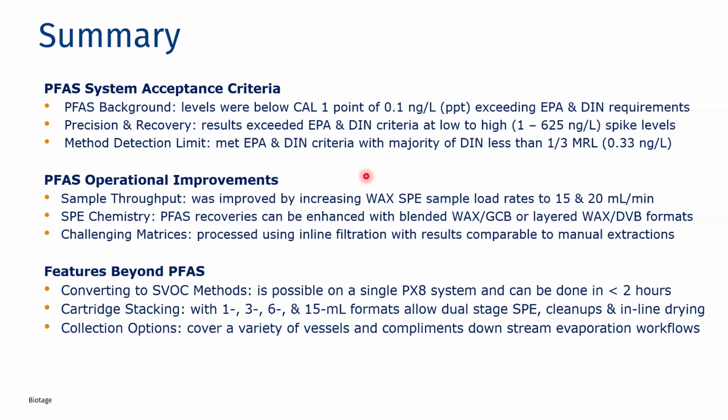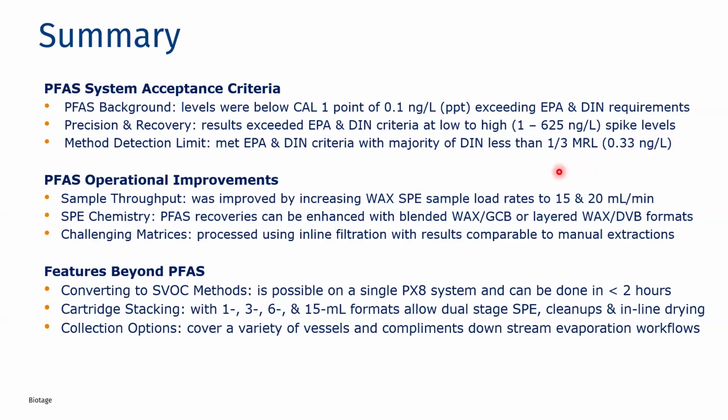Precision recoveries results exceeded both requirements as well. And that was done at both low and high spike levels, so anywhere from 1 to 625 nanograms per liter. And then method detection limits, we met both EPA and DIN criteria, with a majority of the DIN method detection limit less than 1/3 the MRL, or 0.33 nanograms per liter.